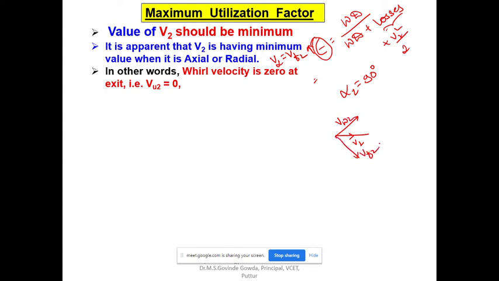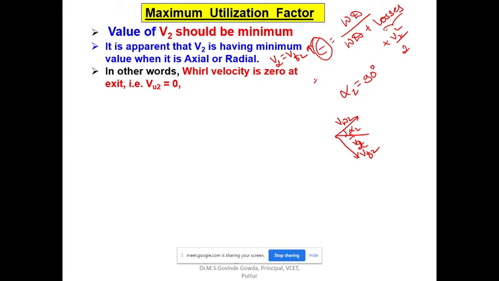Are you understanding this at least? Yes, sir. If this is V2, this will be my alpha 2. I am resolving it here. This is V2, the absolute kinetic energy at outlet.